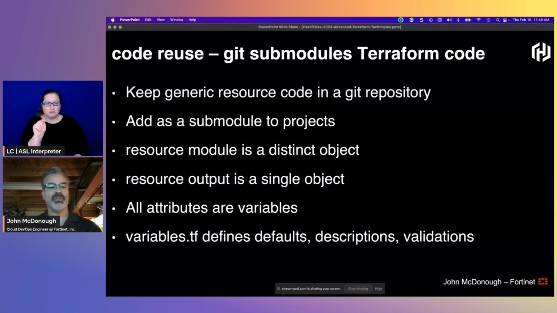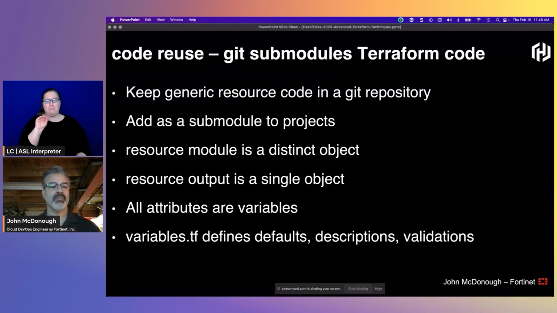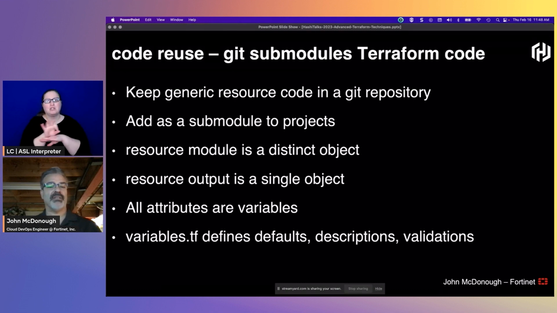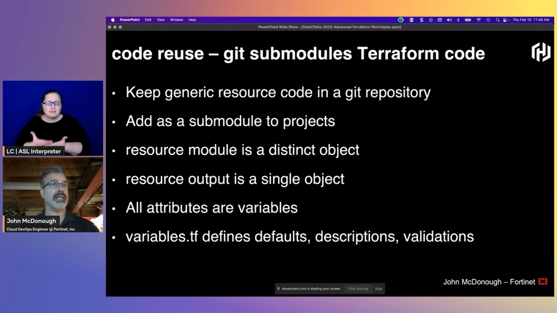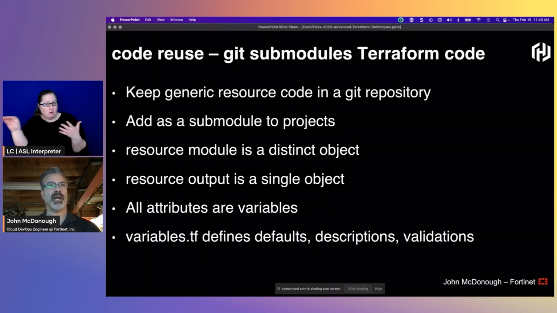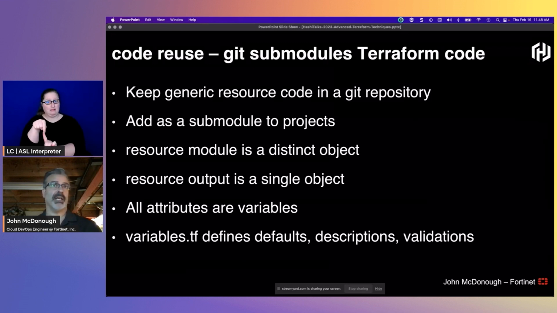All attributes are variabilized, so I call that module like it was a function in program code. And then variables.tf defines defaults, descriptions, variable validations, anything that I need to ensure that when I call this module, I get expected behavior.